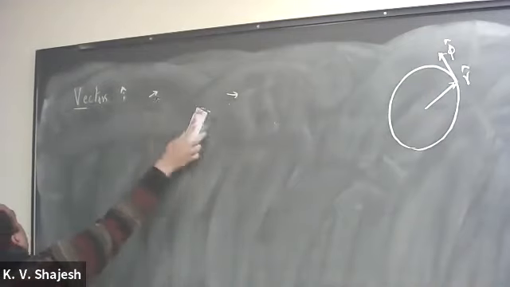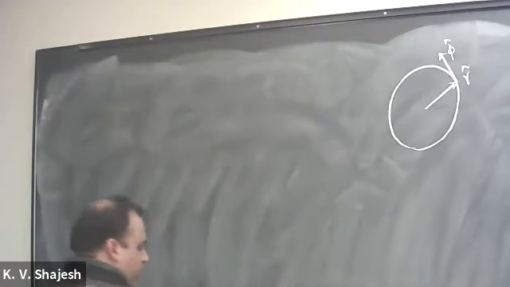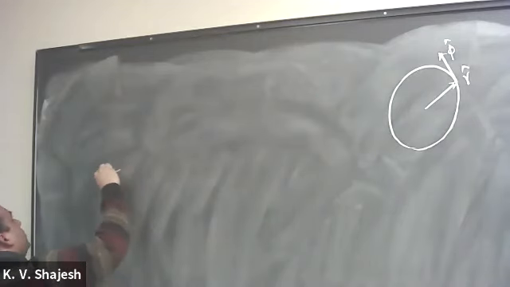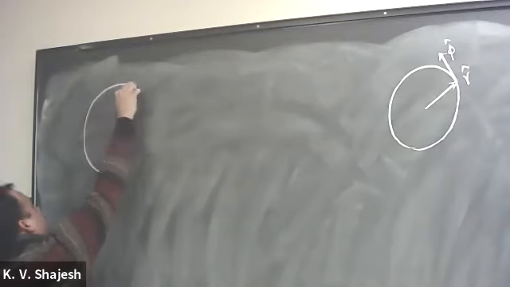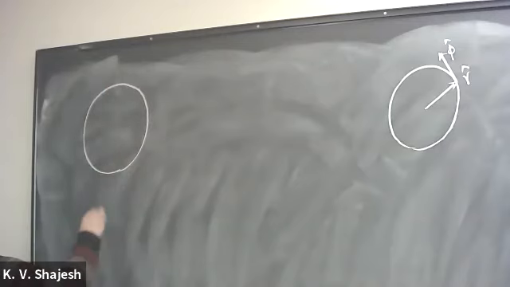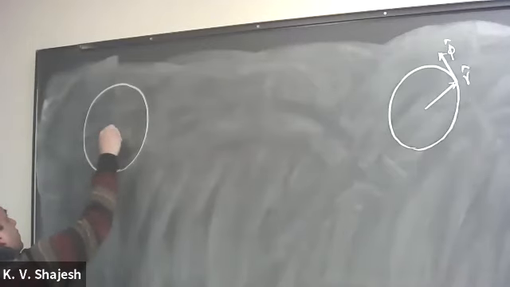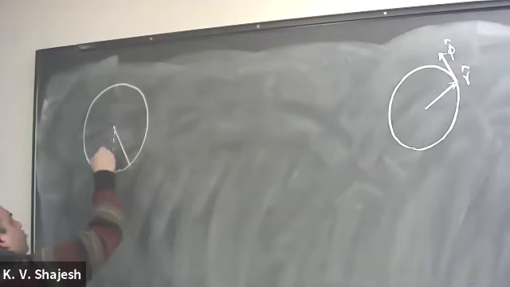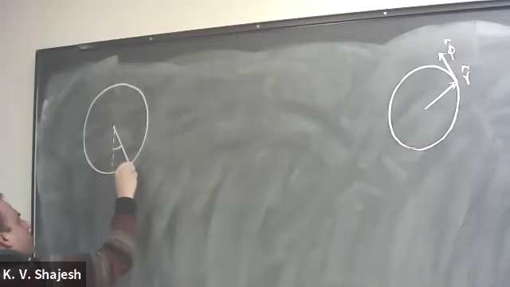Let me take an example very close to what is there in the homework. A particle or an object or a mass is being swung in a vertical circle. So that's your vertical circle, that's your vertical line, and let's say it is making an angle of 30 degrees with the vertical. So that's your 30 degrees, and that's your stone if you want.